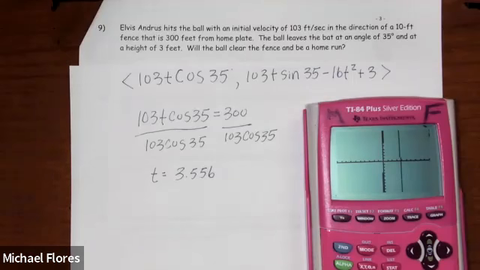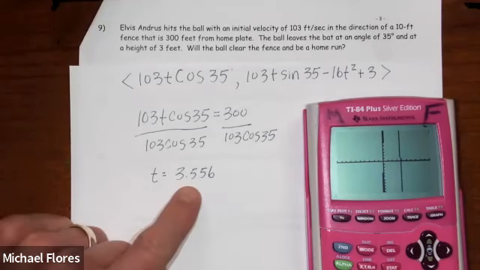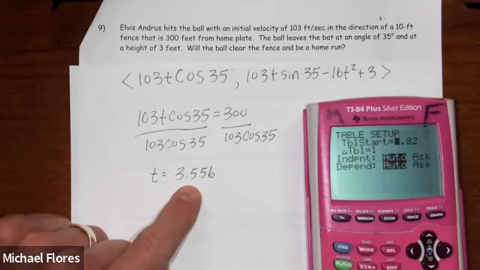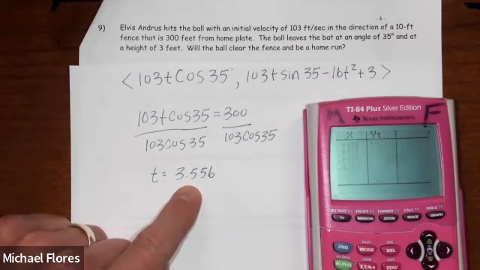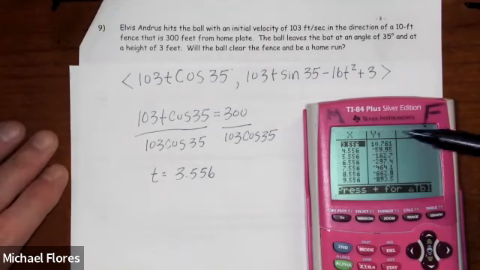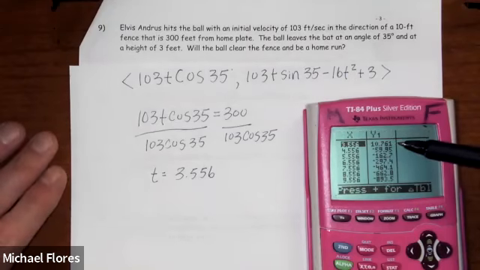That looks to be about right. And now we're going to solve for 3.556 by hitting second table. 3.556, enter. Second graph. Looks like at 3.556 seconds, the ball will be 10.761 feet off the ground.